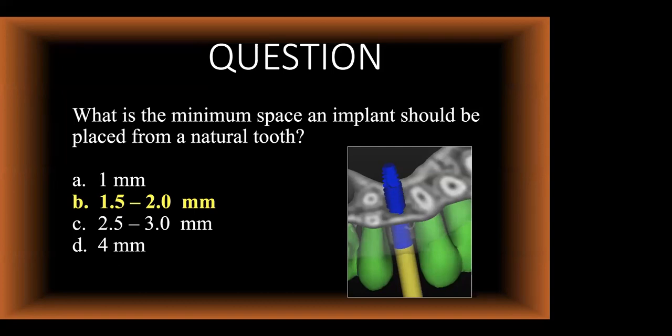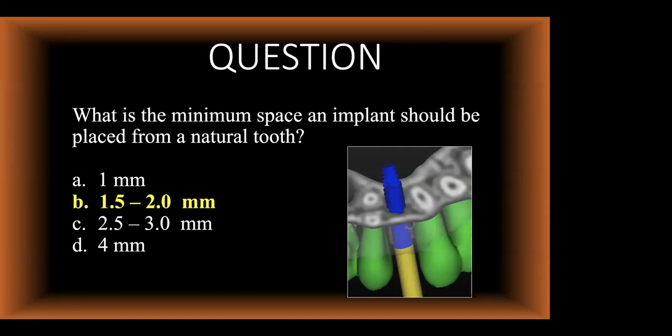Because the emergence profile is abnormal or over-contoured, now you predispose the patient to peri-implant problems. If you were on my webinar yesterday, I talked about the emergence profile, and ideally it should be straight. So if you're that far away from a tooth, you'll never get a straight emergence profile.